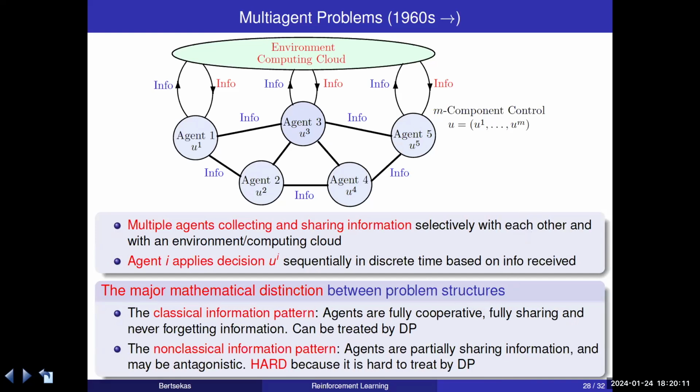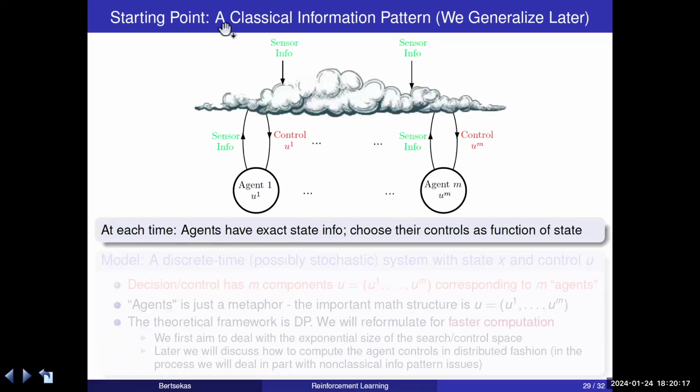So what are we going to do with this class of problems? Well, we're going to look at the easy case first. The starting point is going to be the classical information pattern, but later we're going to try to go into the non-classical information pattern case.